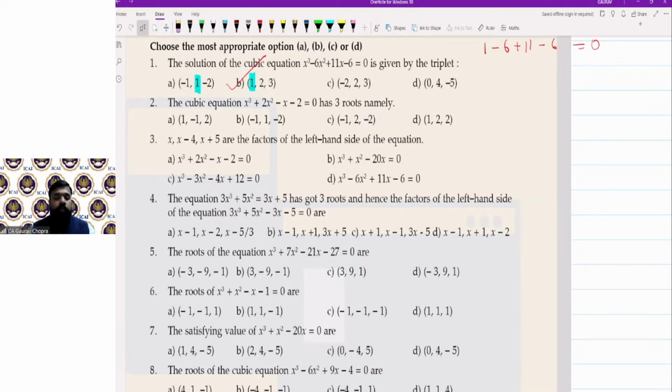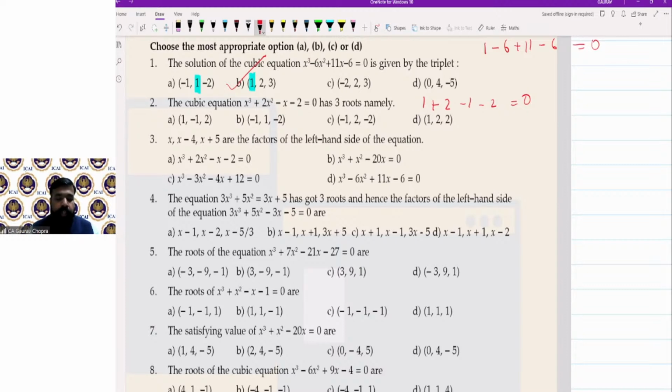So try with 1 or -1 first so that you can judge accordingly. So if you are trying 1, we are getting 1 plus 2 minus 1 minus 2. So 1 is satisfying.